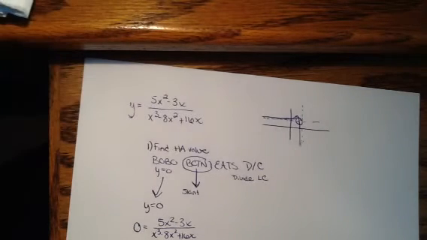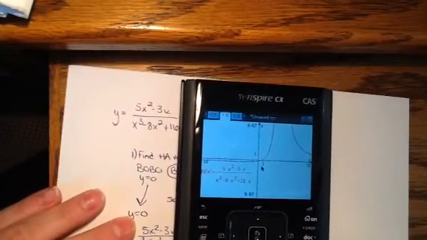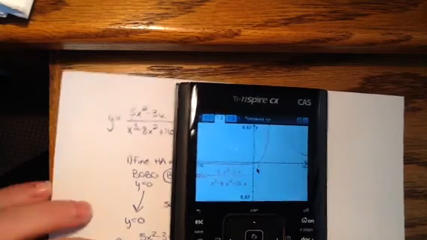And if we go back and look at our graph, if I pull our graph out, you can see right here at 3/5 is where it crosses.